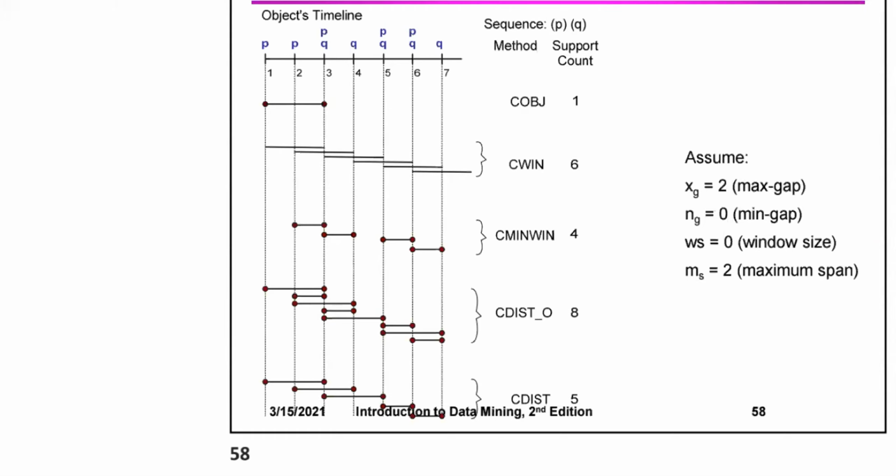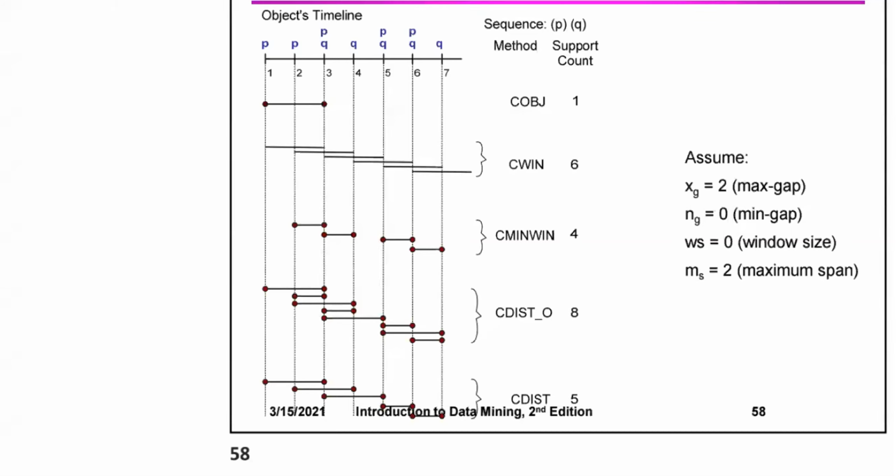And the next one is the CMinWin, number of minimal windows of occurrence. A minimal window of occurrence is the smallest window in which the sequence occurs, given the timing constraints.